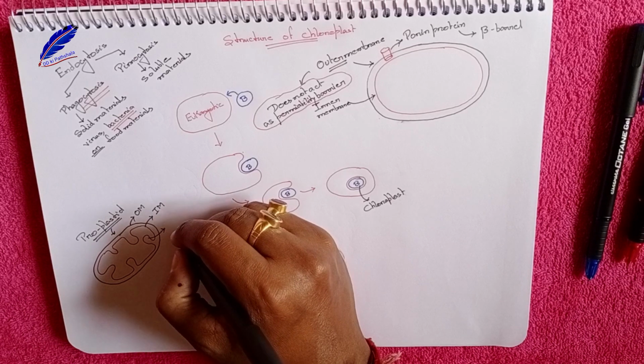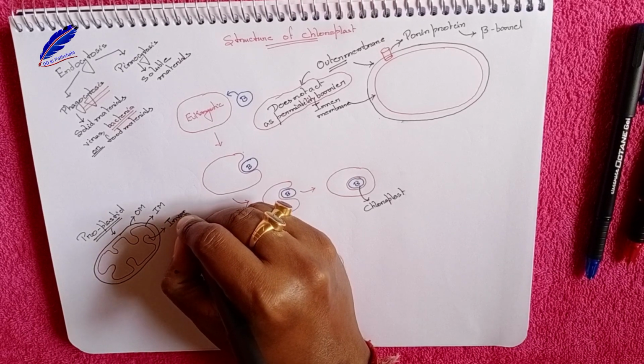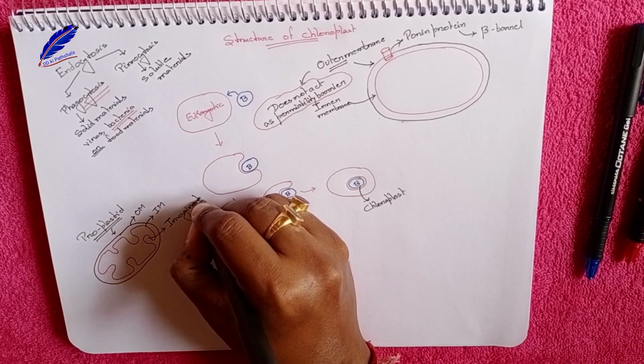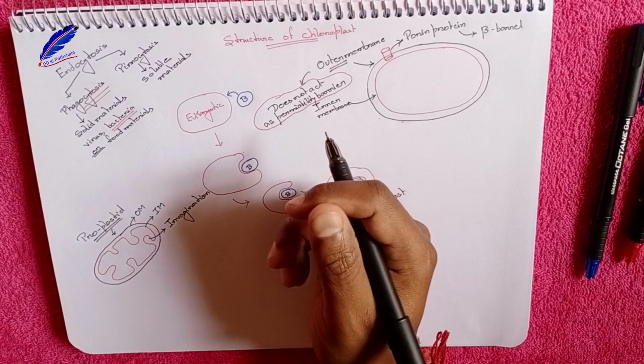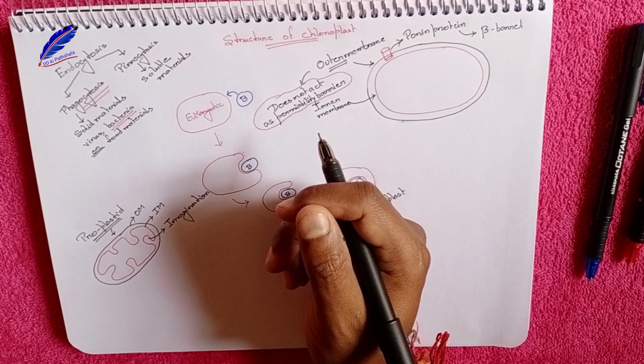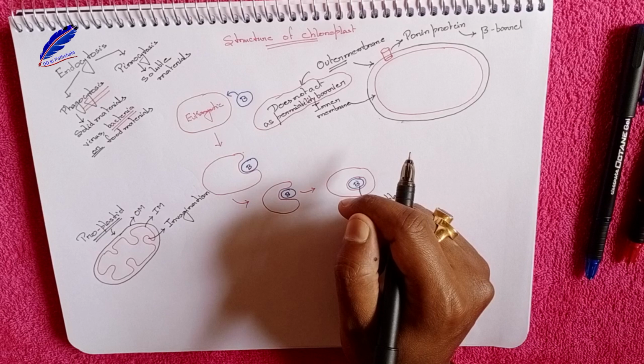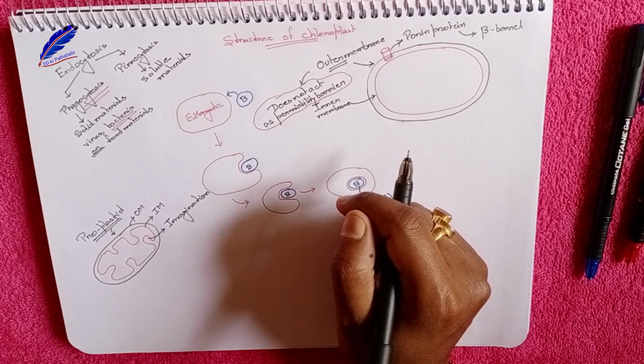So these are the invaginations of the inner membrane, which in case of mitochondria we term as cisternae. So this is called proplastid, which looks like mitochondria.